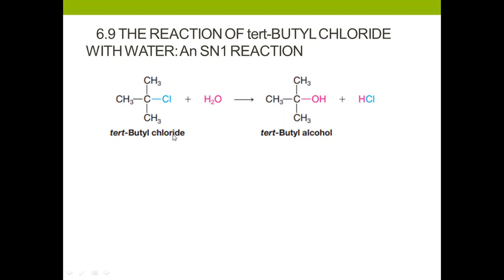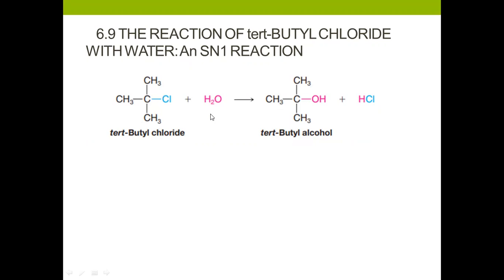So consider, for example, the reaction of tert-butyl chloride and water to form tert-butyl alcohol. The chlorine here is substituted with OH. Your substrate is tert-butyl chloride, your leaving group is this chlorine, and your nucleophile is water.